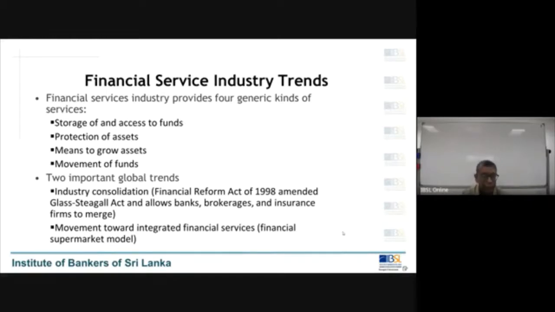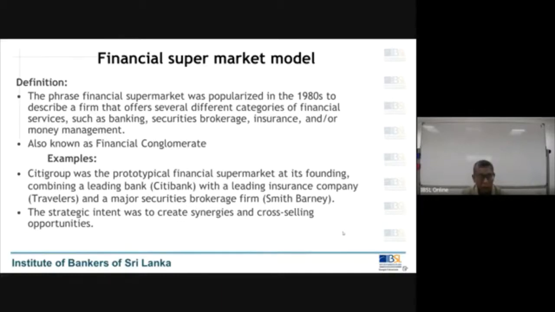In the global trend, we go for consolidations, and also the financial supermarket model. The financial supermarket model is a sort of conglomerate. Sometimes we call a financial supermarket a financial conglomerate.